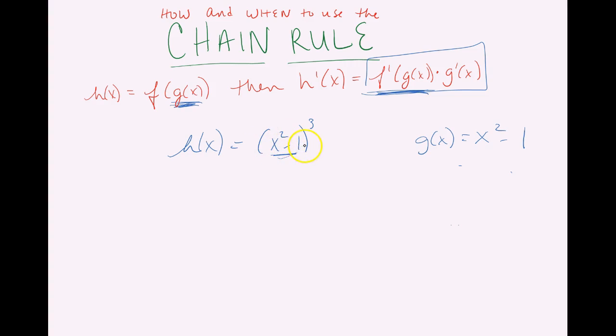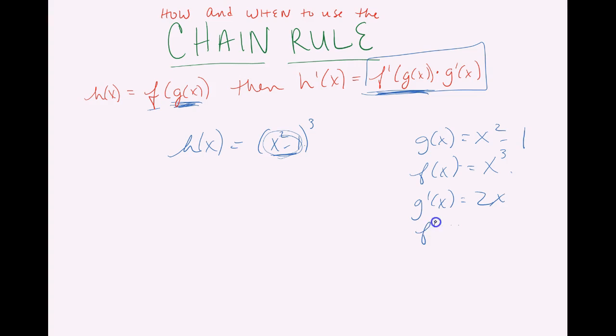Well, I see parentheses and a cubed. And what that tells me is that the outside function it was probably stuck into is just an x cubed. So somebody took an x cubed and replaced the x with all this mess on the inside. This is the hardest part for a lot of people, figuring out inside and outside. Once you do that, we take our notes to the side. The g prime would just be a 2x, right?